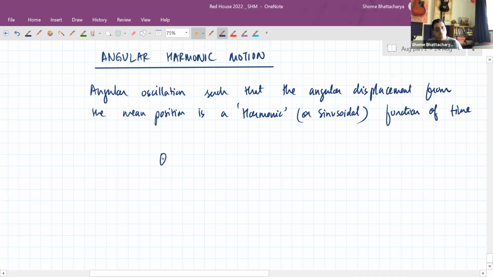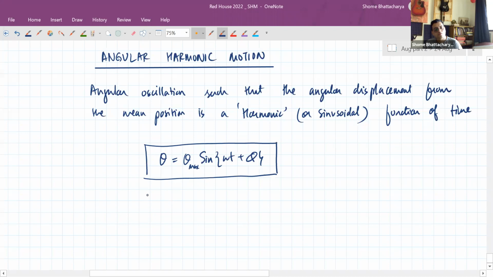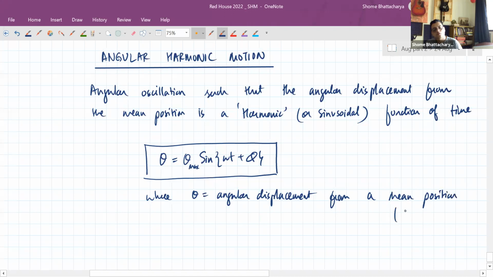So we have some relation like this. This kind of a relation where theta is the angular displacement from a mean position, which is theta equal to 0.